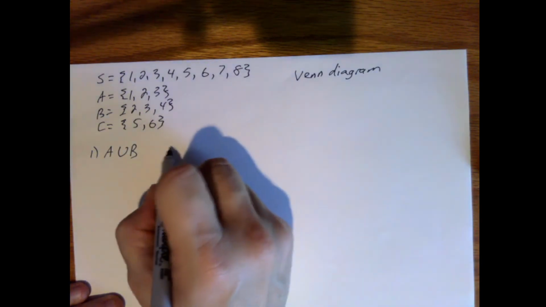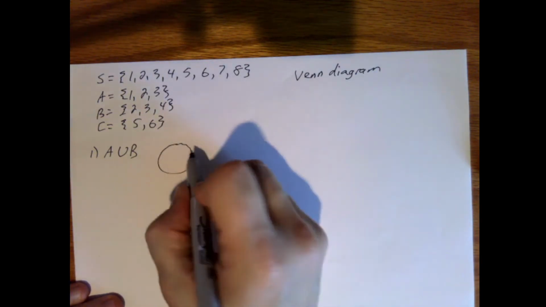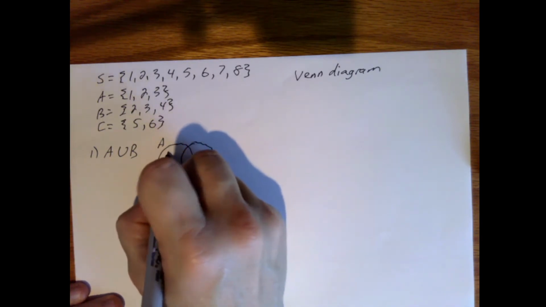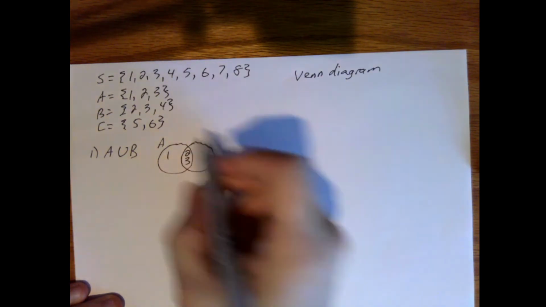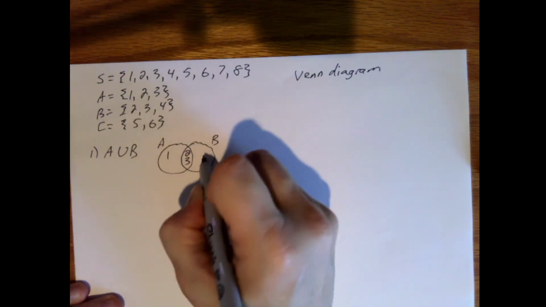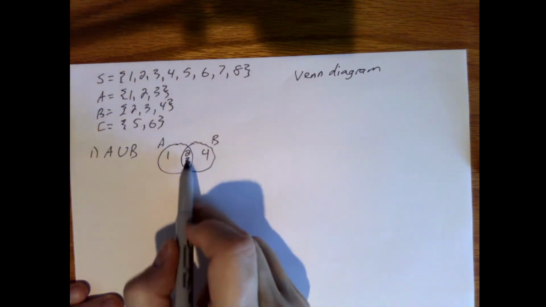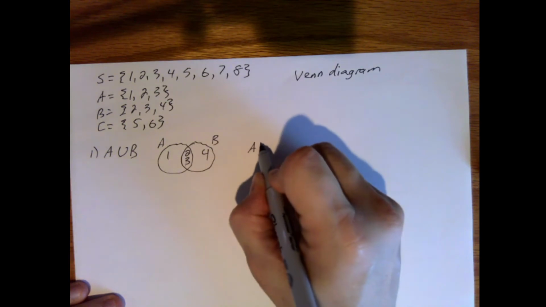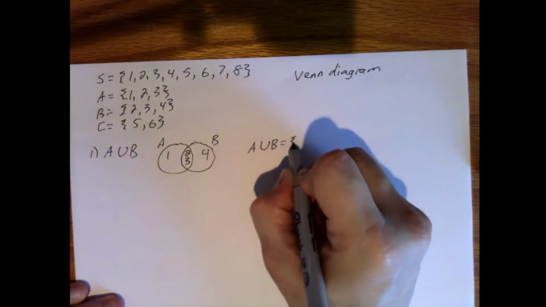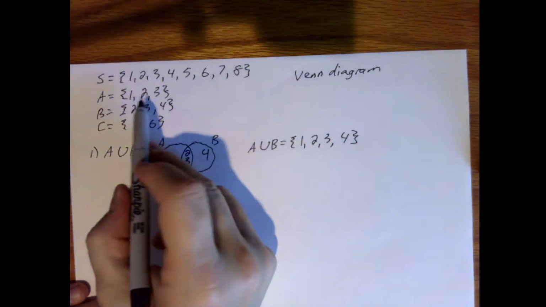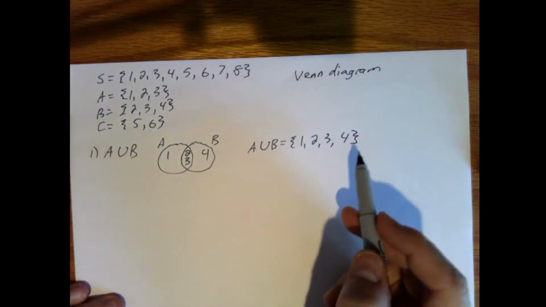So if this is A, which has elements 1, 2, and 3, and then B is 2, 3, and 4, we can see the 2 and the 3 are shared by both of them, but A union B would be the set 1, 2, 3, 4. I don't duplicate the 2 and the 3 that are shared by both of them.